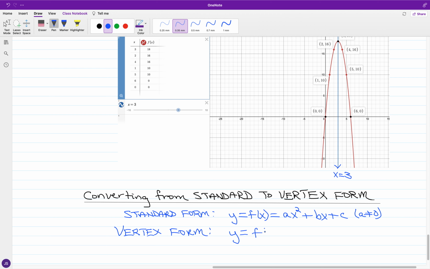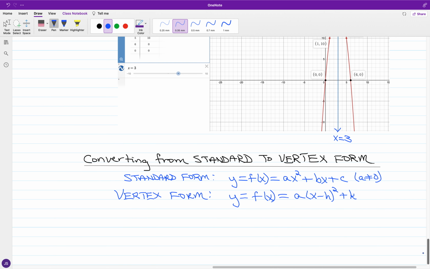once again, y is equal to f of x is equal to a times the square of x minus h, followed by the addition of k.